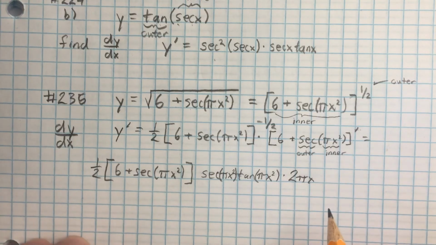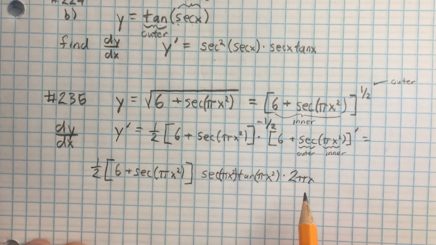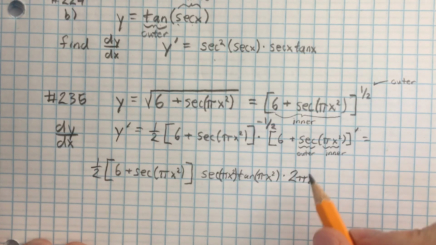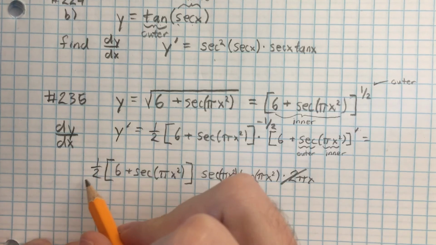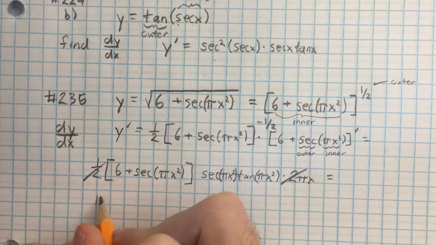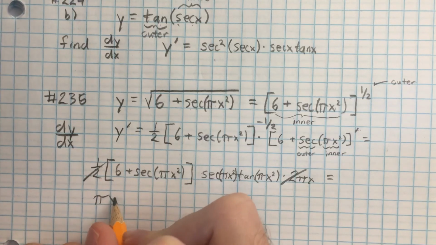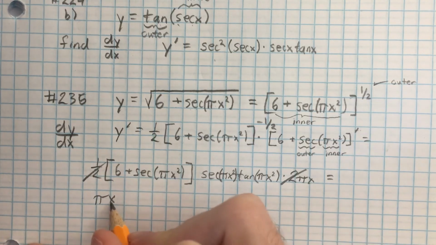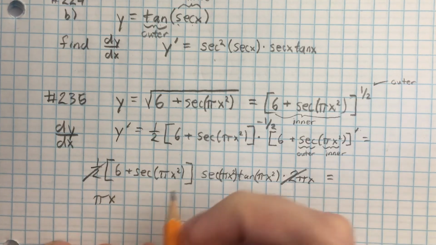So there is our answer, and it's all in terms of x. The only thing you would do now is try to clean it up a little bit. All you can really do is cancel this 2, that's all I see at the moment anyway, with that 1/2. Everything else should stay basically the same. So you would have pi x, right? Pi x moved to the front, it looks nicer.